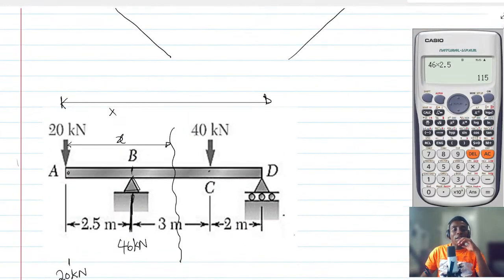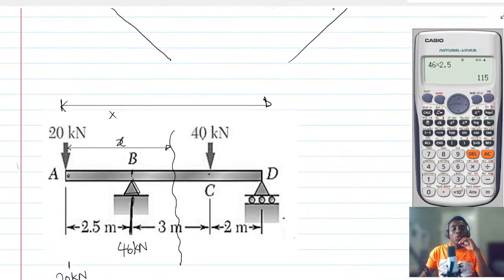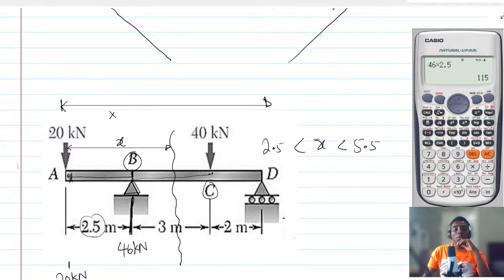Watch this, everybody, we took the cut between B and C. So this time around, X will be running from 2.5 to 5.5, because the distance from here to B is 2.5, and all the way up to C is 3, but we have cut here.